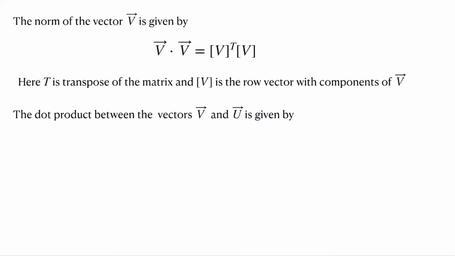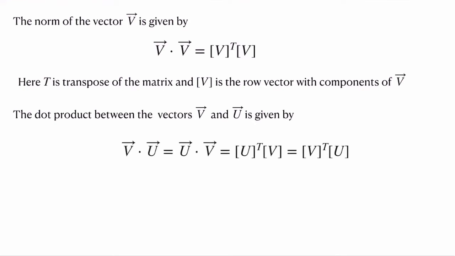The dot product can also be written with the same notation, where if v and u are two vectors, then v dot u or u dot v can be written as u transpose v or v transpose u.